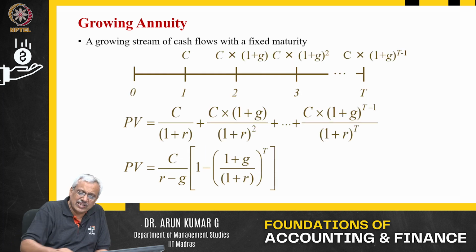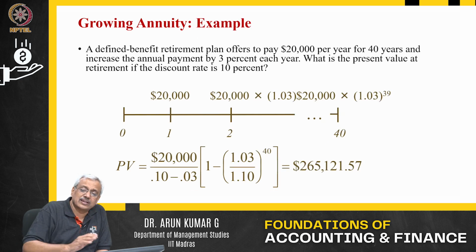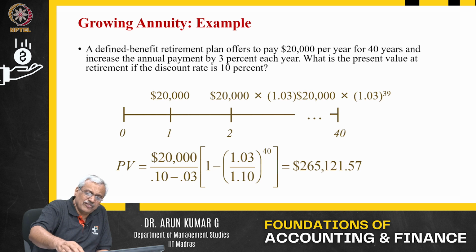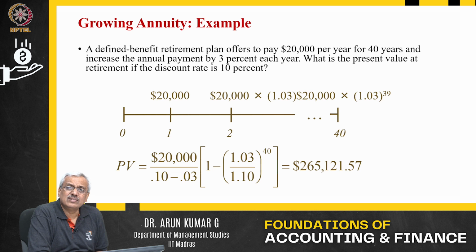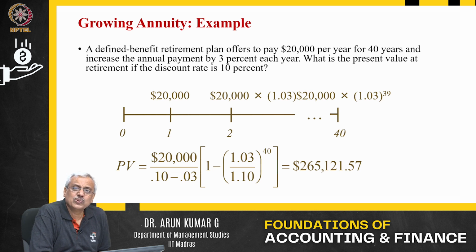As you can see, it is 1 plus g, the growth rate, divided by 1 plus R, to the power of the tenure, 40. So if you want to get 20,000 rupees growing at the rate of 3% every year for about 40 years, you will invest about 2,65,121.57.